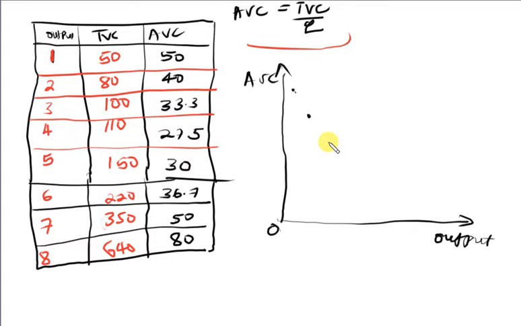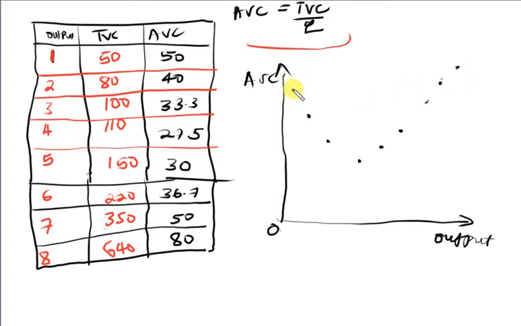Then it slopes down to 33.3. Then it slopes down to 27.5. Then it starts going back upwards. It goes to 30. Then it goes to 36.7. Then it goes back to 50. Or 50 was around here. Then it goes to 80.